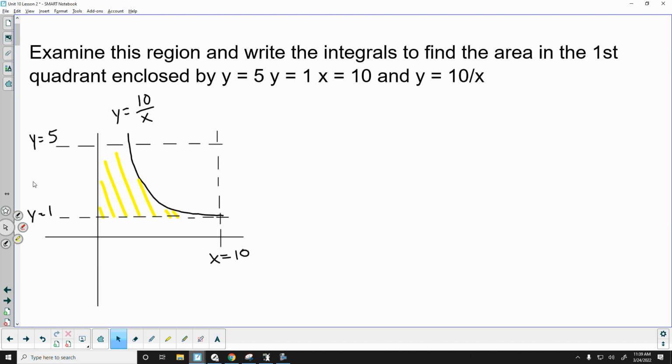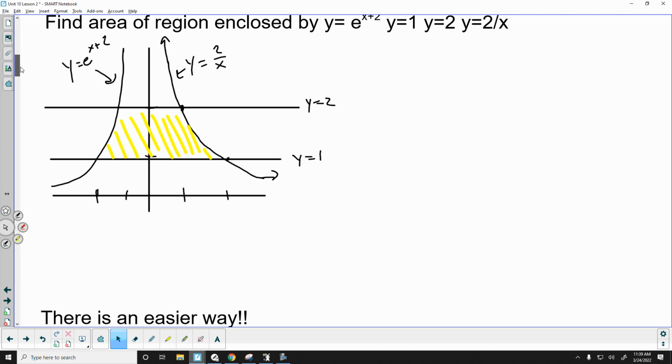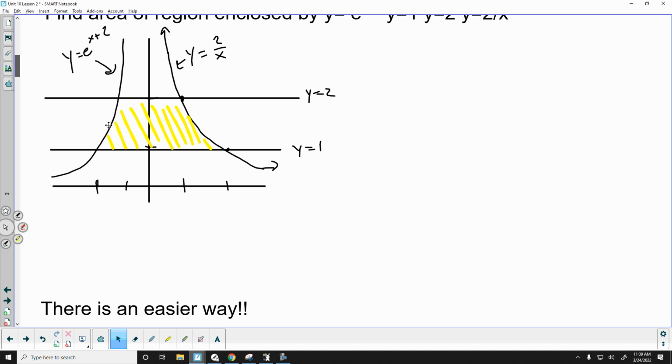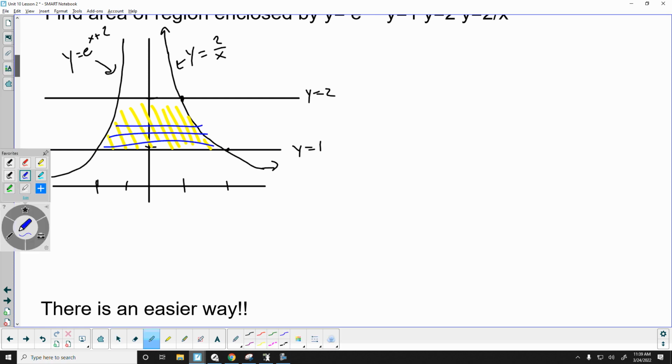Because depending on our situation, instead of using multiple vertical rectangles, we could use horizontal rectangles, and we would be able to get an easier sum. Instead of using 2, I'd only need 1. Here, instead of having to use 3 sets of vertical rectangles, I could use just 1 set of horizontal rectangles.